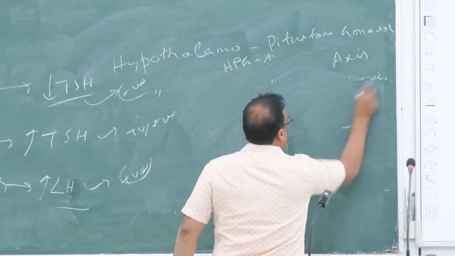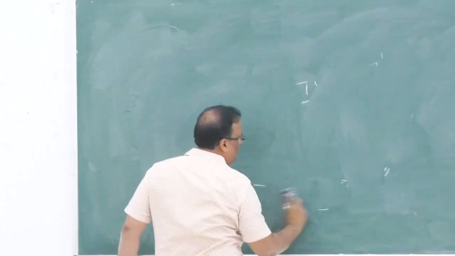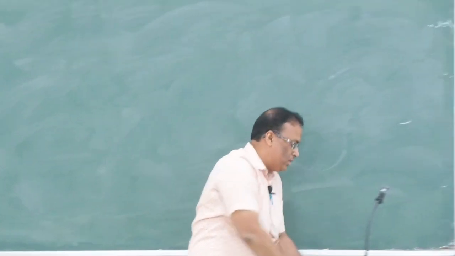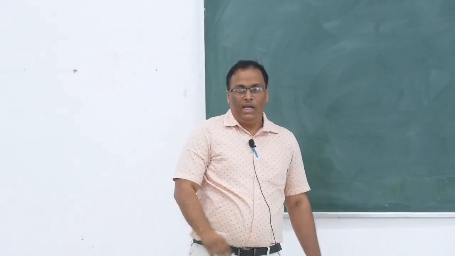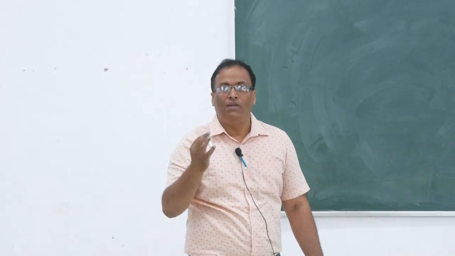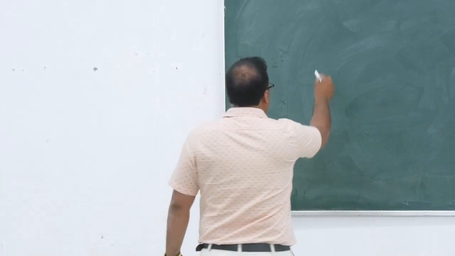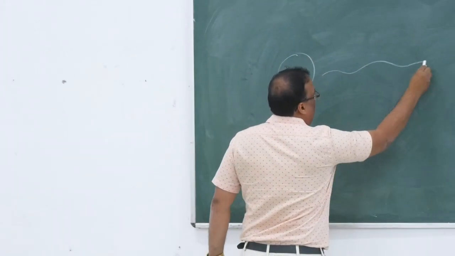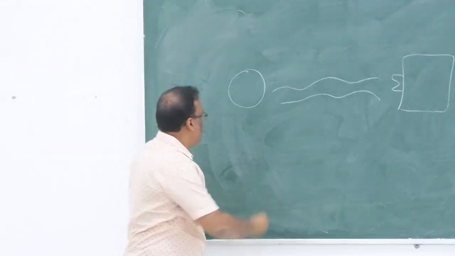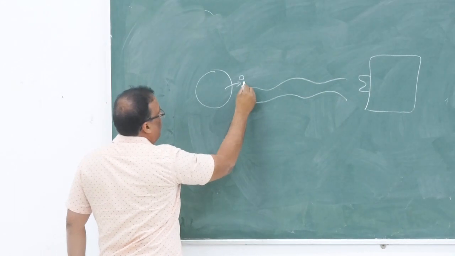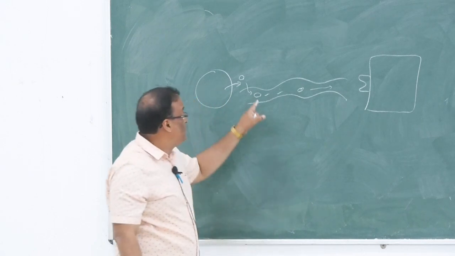So number 1 is primary, secondary, tertiary diseases according to glands or site of the action. Another is the feedback mechanism. Now, each and every hormone is active only in free form. Suppose this is a gland, this is a blood vessel, and this is a target organ having a receptor. The gland releases the hormone and it diffuses into the blood. This is free.